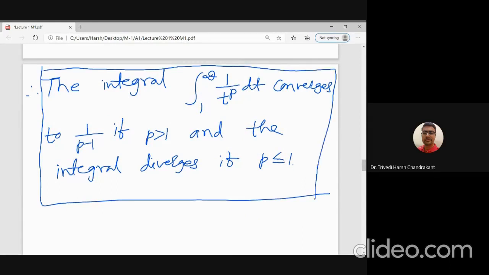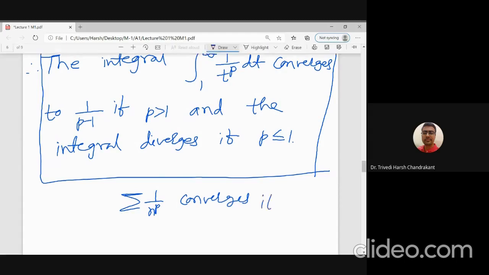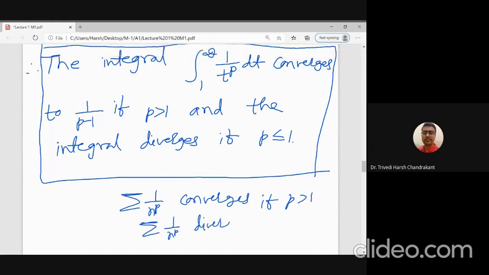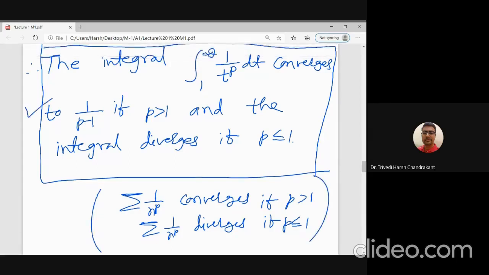If you remember the p series test, then the summation of 1 upon n power p converges if p is greater than 1, and diverges if p is less than or equal to 1. So this result is an analog of this particular result. When we discussed the convergence of a series, we used the limit comparison test as well as the comparison test using this p series.